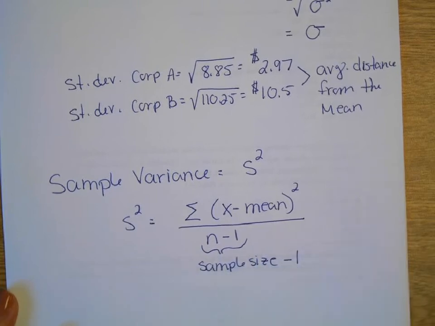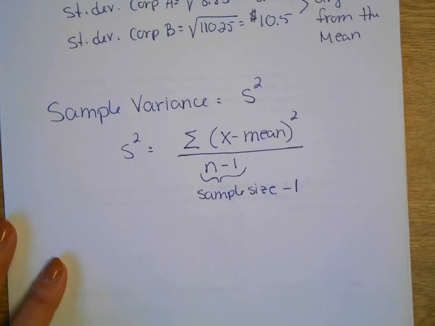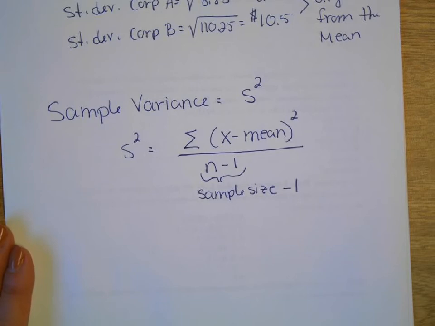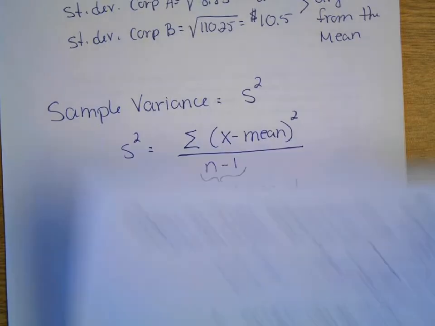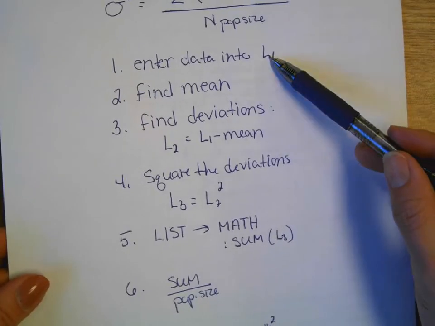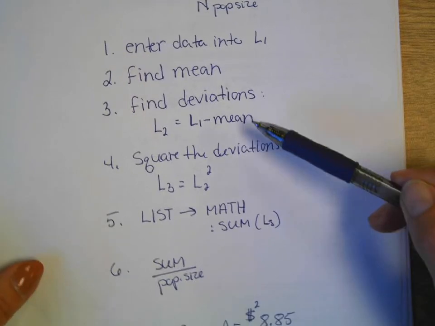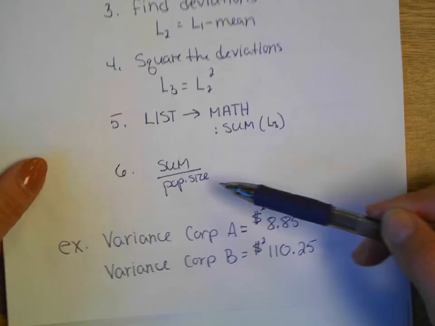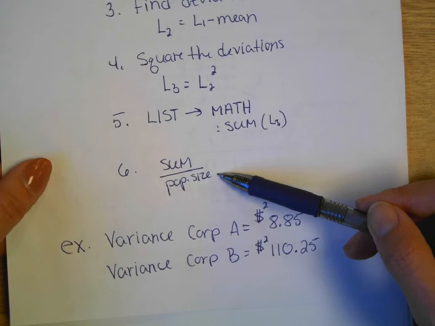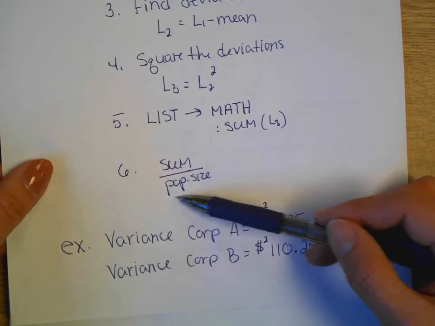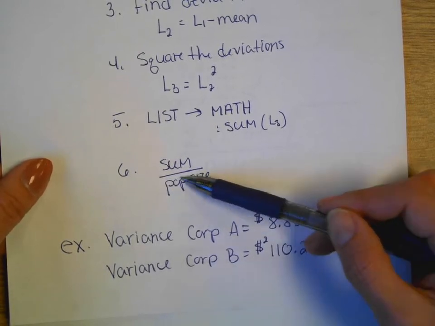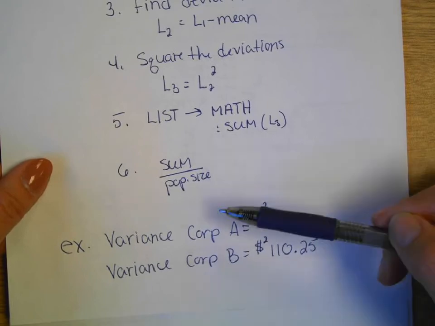Where if you have a population, it's going to tell you in the problem whether you're working with a population or a sample, so you know what to do on the very last step. The 5 steps are going to be the same: put them in a list, find the mean, find all the deviations by subtracting, square them all, add them up. It's the last step that changes. If it's a population, you divide by exactly how many data values you had. If it's a sample, you subtract 1 and then divide.